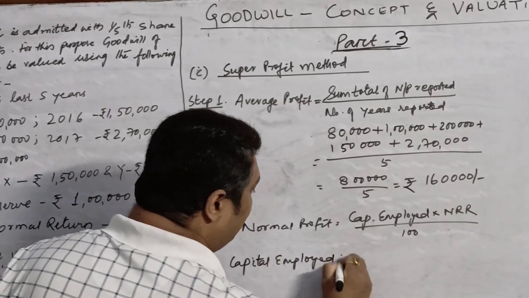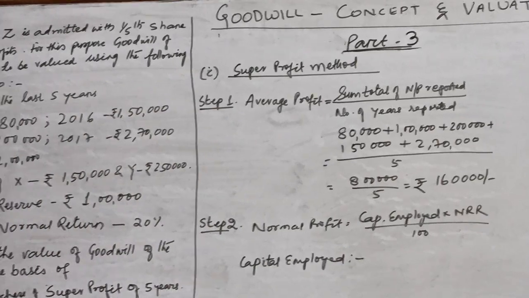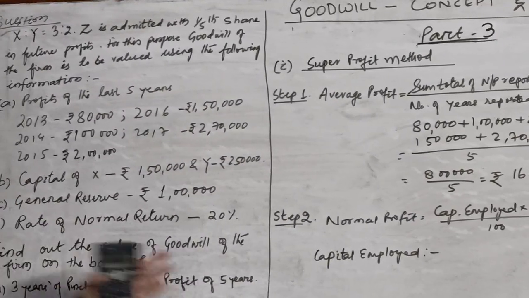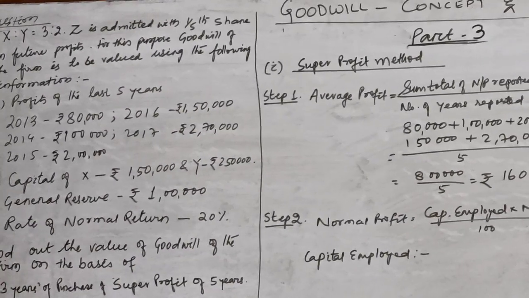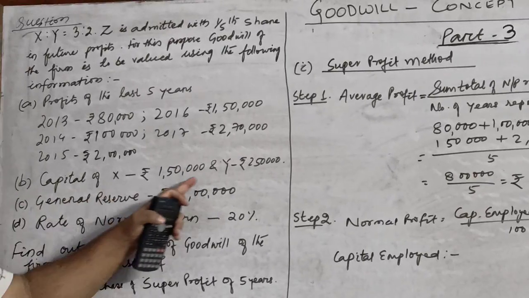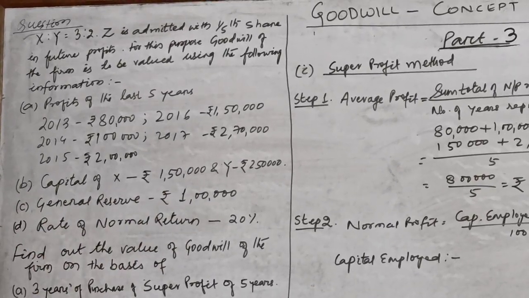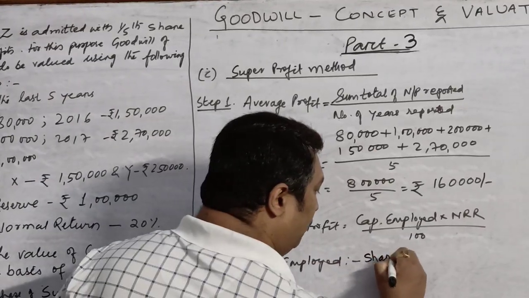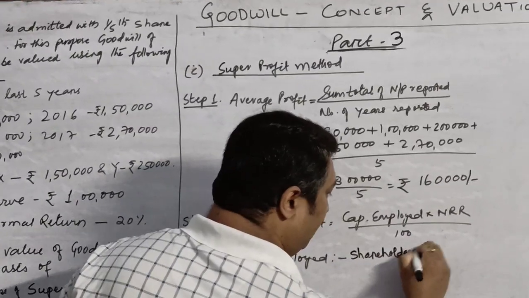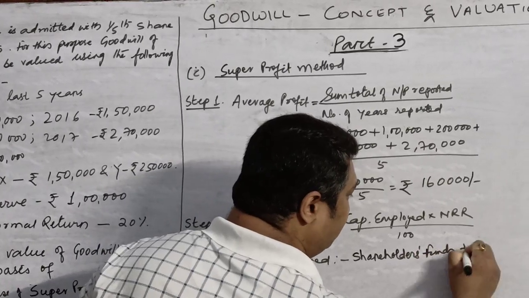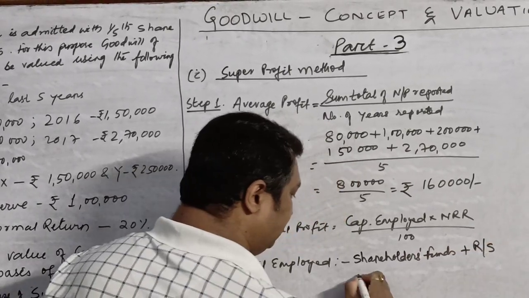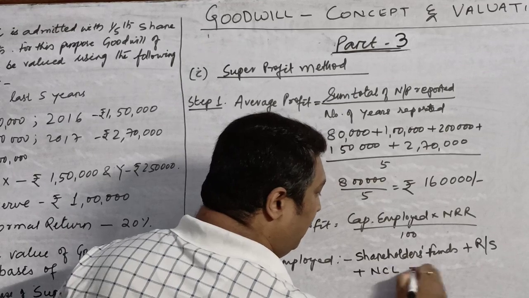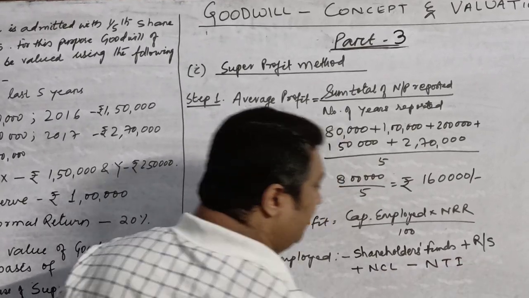Now, as per this question, the information provided in order to calculate your capital employed is that we are provided with the capitals and reserves of the organization. So we will use the formula shareholders funds plus reserves and surplus plus non-current liabilities minus non-trade investment.